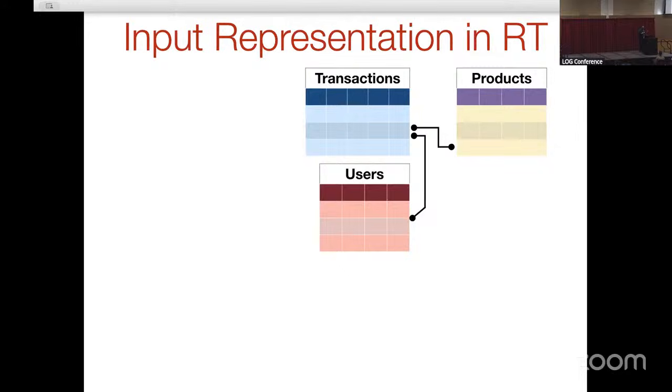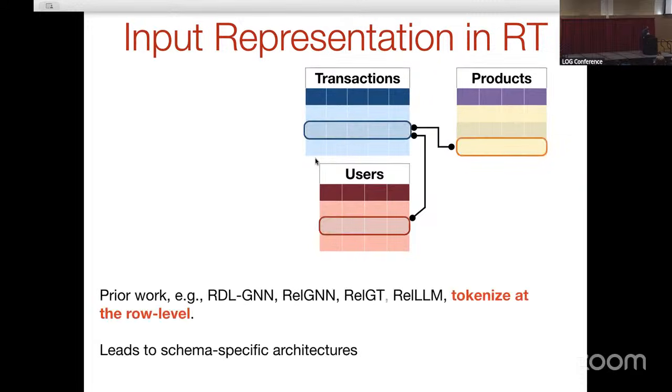The first thing is to explain the input representation to this relational transformer. To do that, I'm going back to my favorite example of an e-commerce network that has a table of users, a table of products, and a table of transactions connecting users to products. In the previous models that we described, each row is a node, and each node is a token.